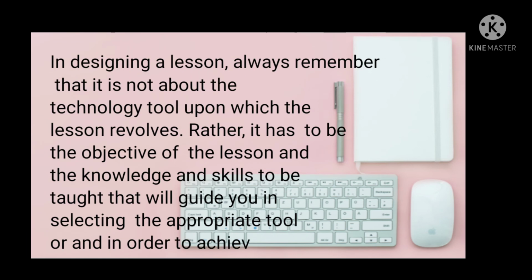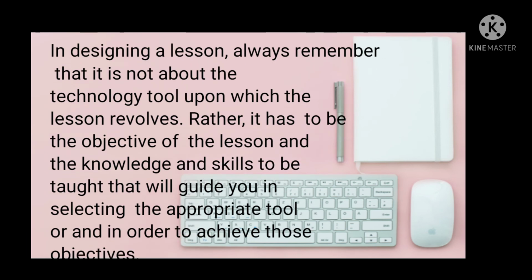In designing a lesson, always remember that it is not about the technology tool upon which the lesson revolves. Rather, it has to be the objective of the lesson and the knowledge and skills to be taught that will guide you in selecting the appropriate tool or aid in order to achieve those objectives.